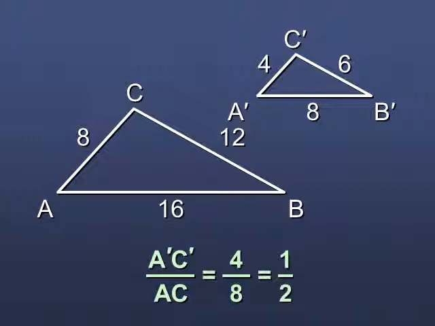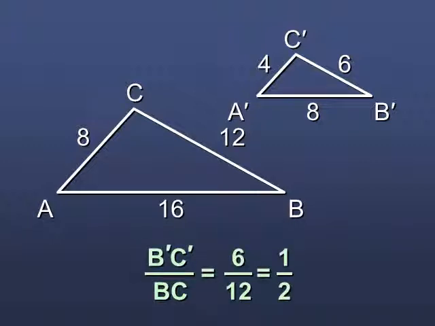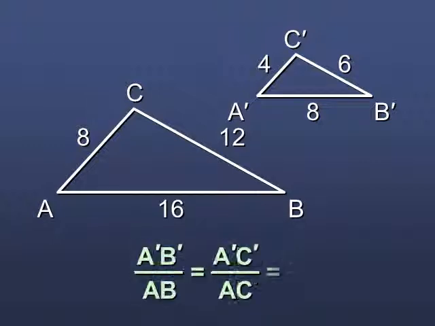And then A prime C prime is to AC as 4 is to 8, which is also equal to 1/2. B prime C prime is to BC as 6 is to 12, which again is 1/2. So all of these sides are proportional by 1/2, and they are all proportional to one another.